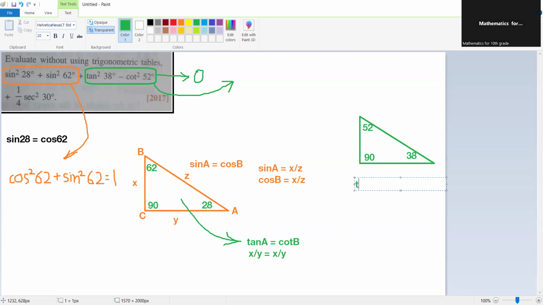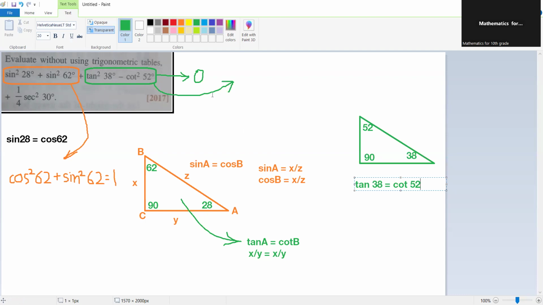Now tan 38 is equal to cot 52. So these both are actually equal because they are both complementary. So tan square 38 is actually equal to cot square 52.